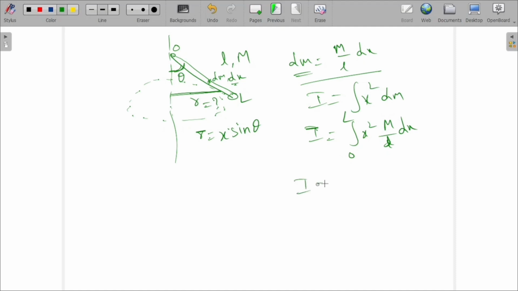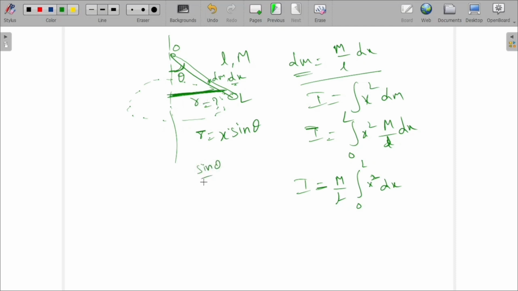Right. So I equal to, here m by L is constant, so m by L is taken out. Integral 0 to L x square dx. Okay, what about x square here? x is nothing but distance only, no? That is this distance. How to find this distance? It is the opposite side. Opposite side means sine theta.